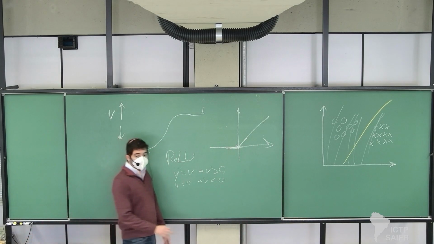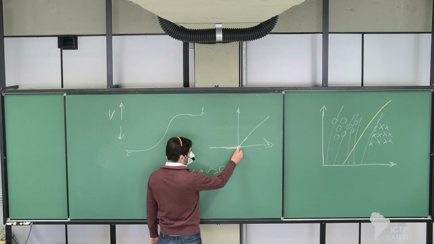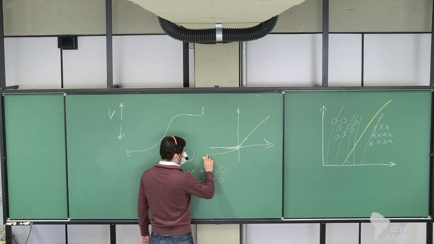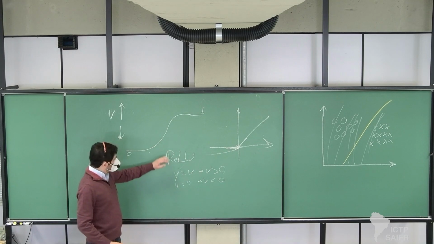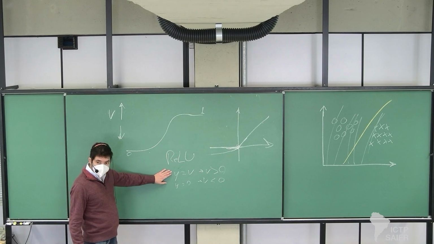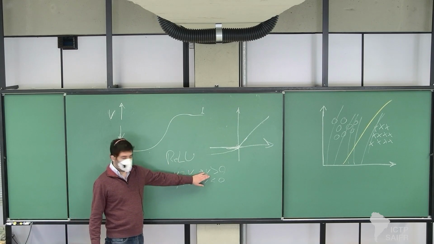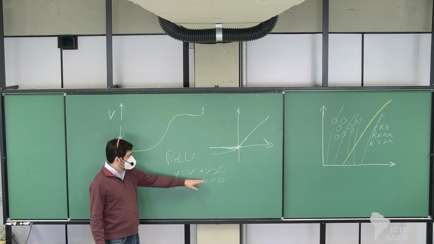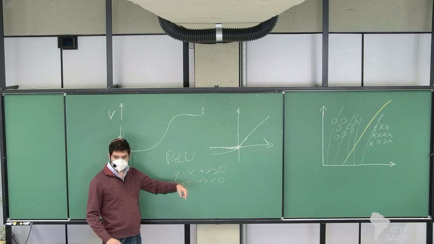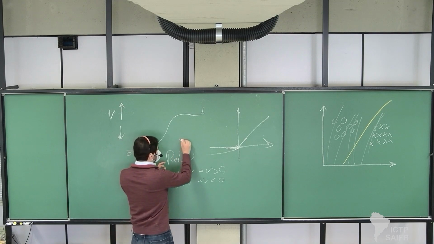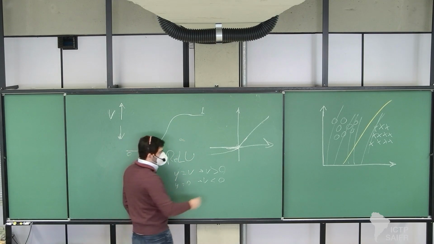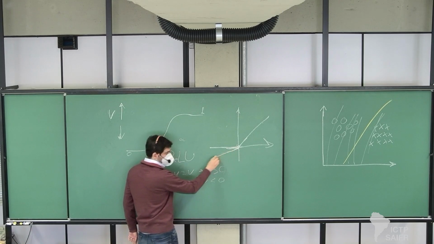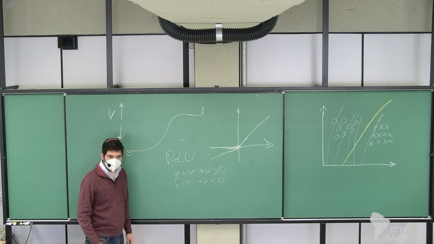And there are other formulations that, for example, smooth here. So if the value of V is higher than 0, then the output is V. If the value of V is below 0, then you multiply V by a small negative constant, and then you have a smooth value here in the activation function.